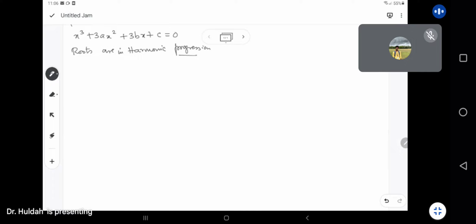I want to get a condition when the roots are in harmonic progression. As I already told you, you can either assume the roots to be 1 by alpha minus d, 1 by alpha, 1 by alpha plus d, and find out S1, S2, S3, and then substitute after you get one root in the other equation or in the given equation itself. That will give you the condition.